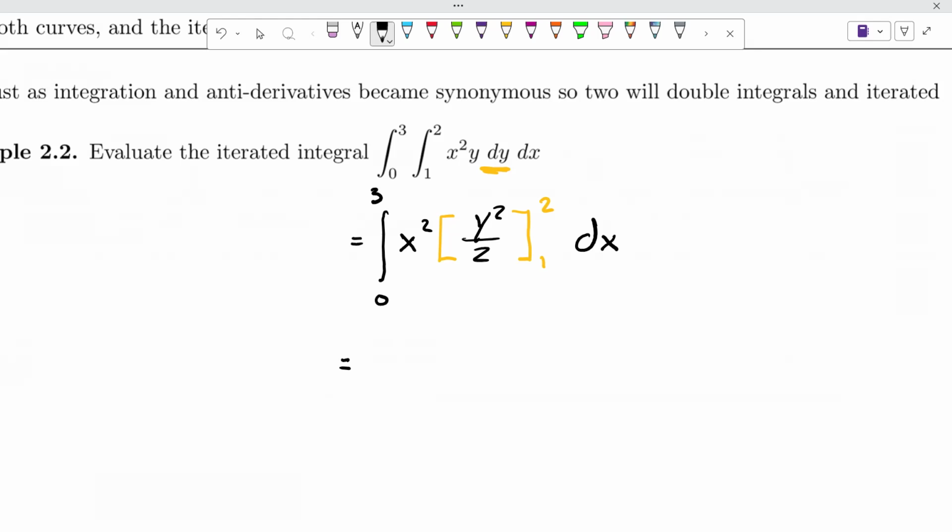I think I'm going to get 4 over 2 minus 1 over 2, which will be 3/2. And now that that's a constant, I'm just going to factor it to the outside of the integral, 0 to 3 x squared dx.